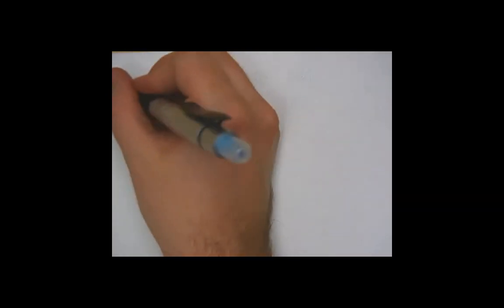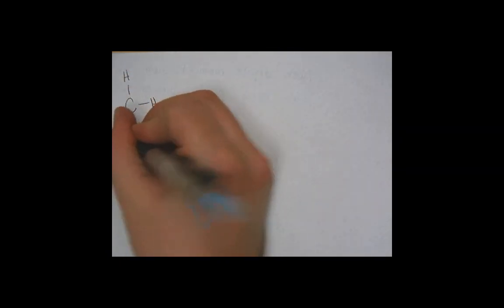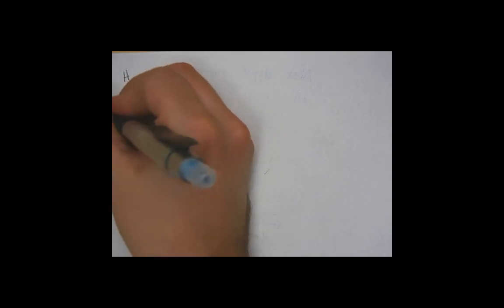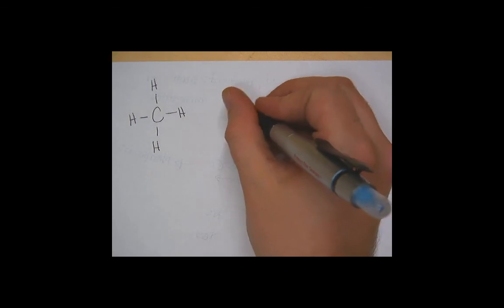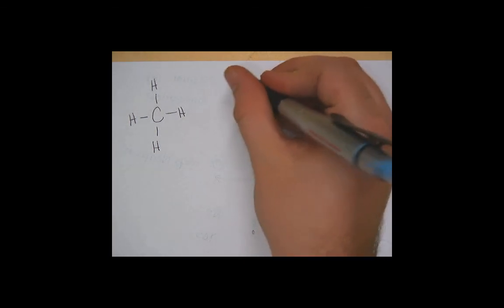So let's do another exercise together before we end this particular lecture, just to make sure you've got a strong understanding of polar versus nonpolar. So I'm going to give you 5 molecules. We'll start with methane. We'll look at carbon tetrafluoride.